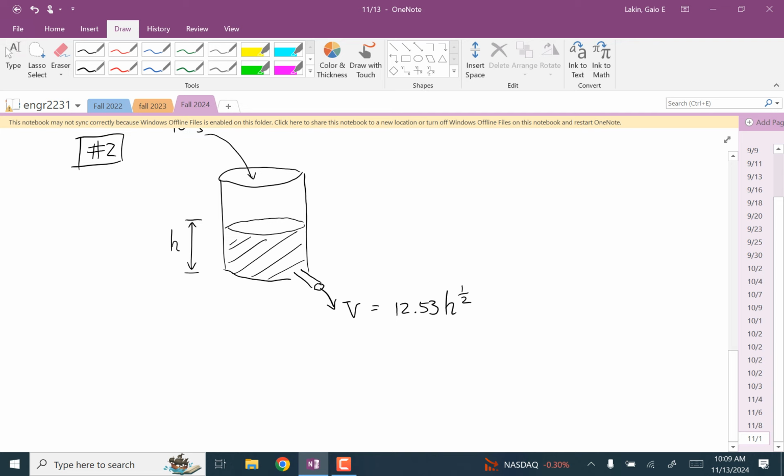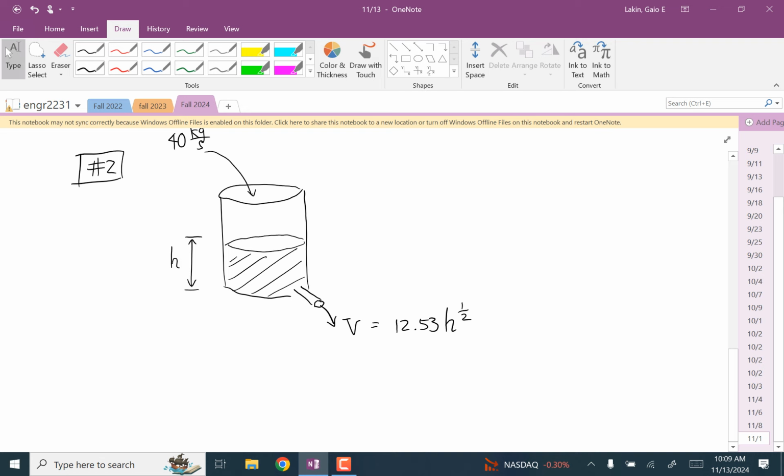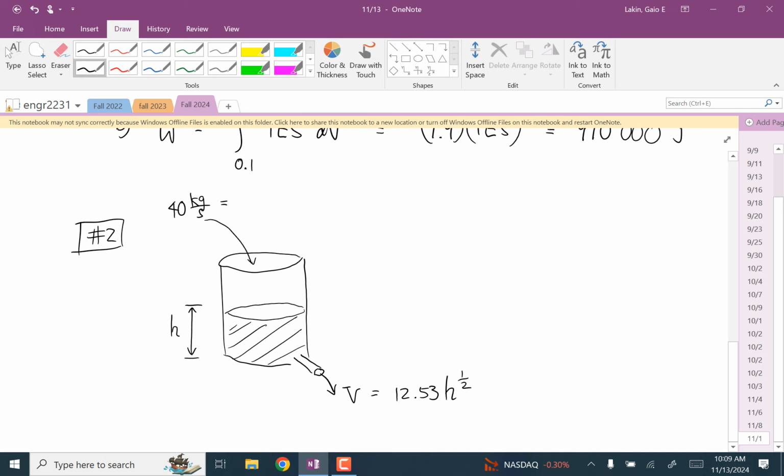Okay, so we have the speed, the mass flow rate. So this is the mass flow rate in.